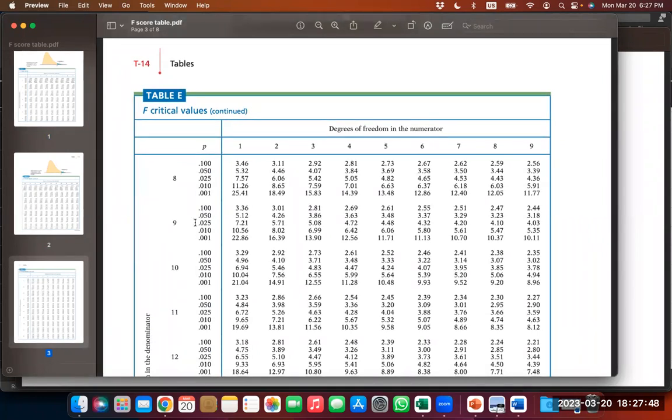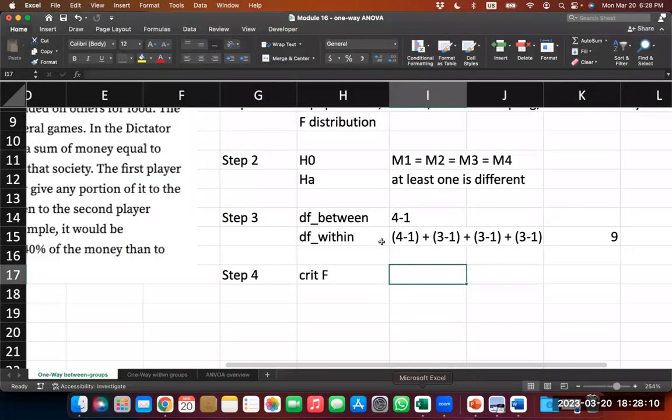At an alpha of 5%, we find our critical F at 3.86. Right? 5%, 9 degrees of freedom within, and 3 degrees of freedom between. So now our critical F is 3.86.